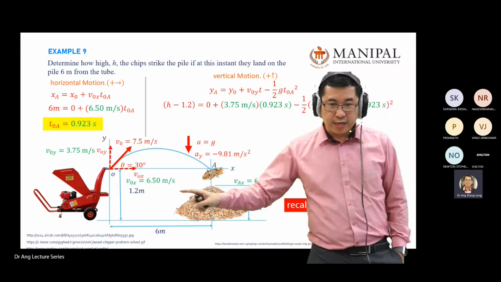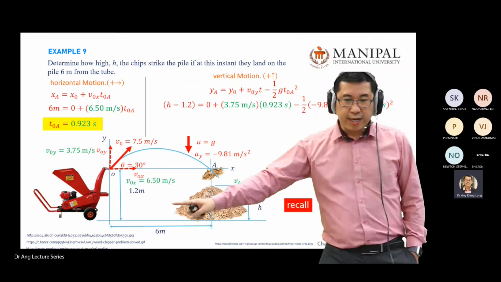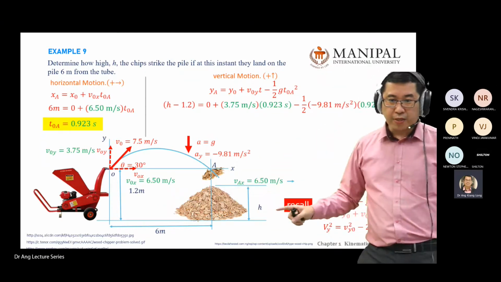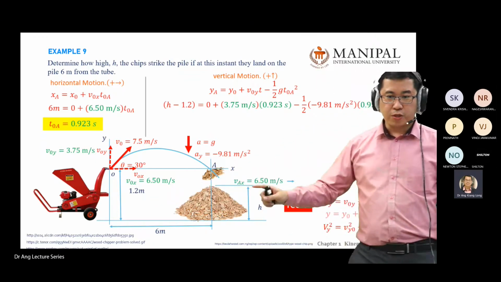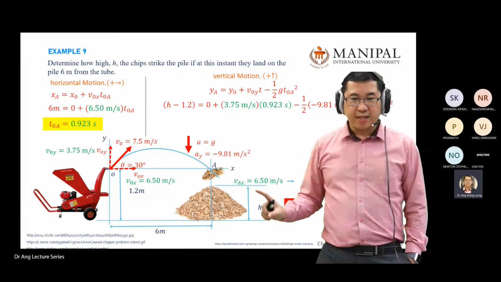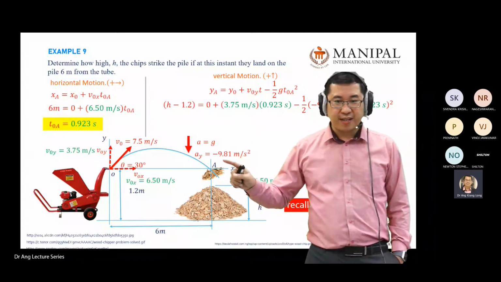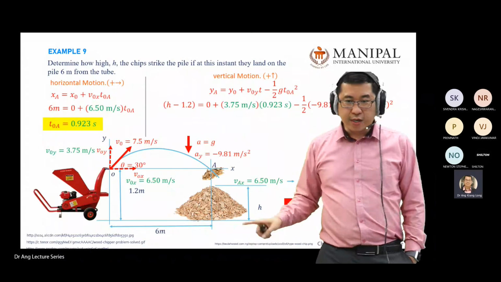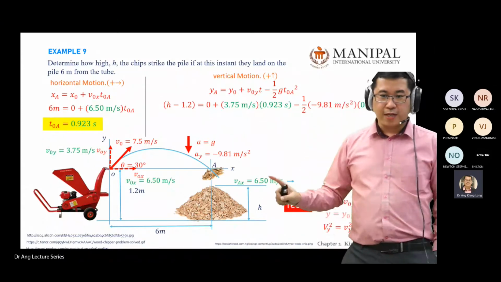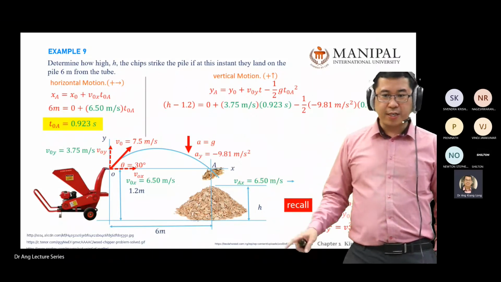You can take 1.2 minus H, or you can take H minus 1.2, no problem. Because we don't know whether the H is bigger than the A location or lower. We never know. Okay, so this diagram is just an early estimation.